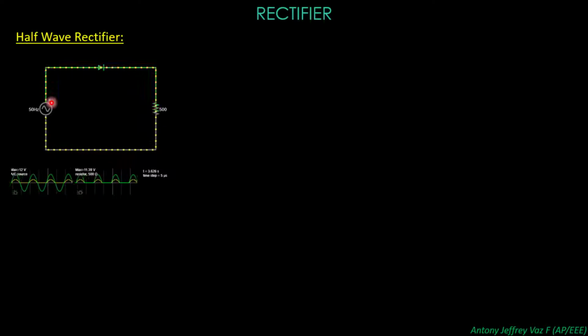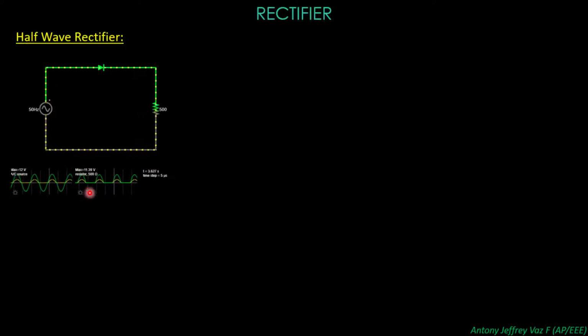So the electrons start to flow from the AC supply source into the forward biased diode, because you are applying the positive voltage peak into the diode. So it will conduct, enter the resistance, and return back to the source.